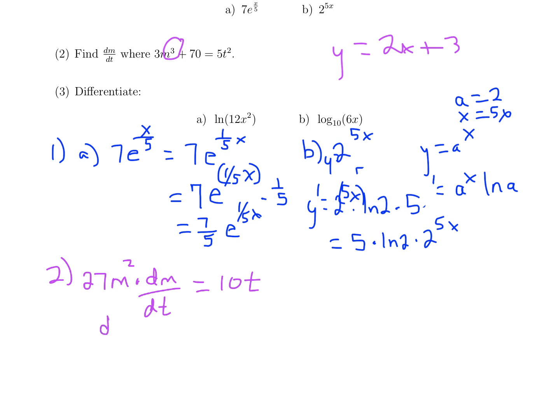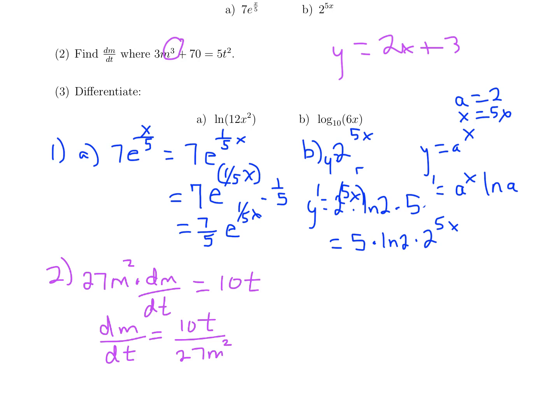So if I solve here for dm dt, I'm going to get 10t over 27m squared. I think we would just leave it like that.